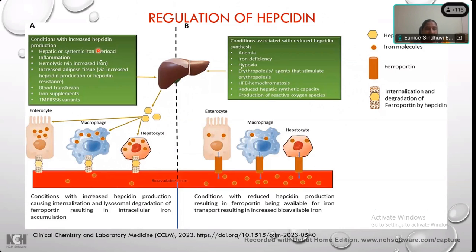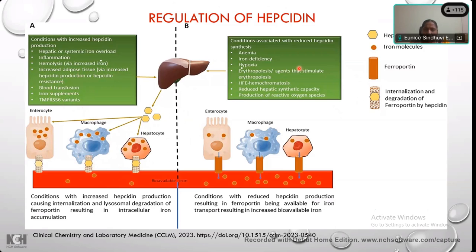This can happen in iron overload, inflammation, and hemolysis. Recently it has been said that people with increased adipose tissue and increased BMI have increased hepcidin production, and transfusions and some genetic variants can also cause increased hepcidin production, which leads to internalization of ferroportin, leading to decreased iron in the circulation.